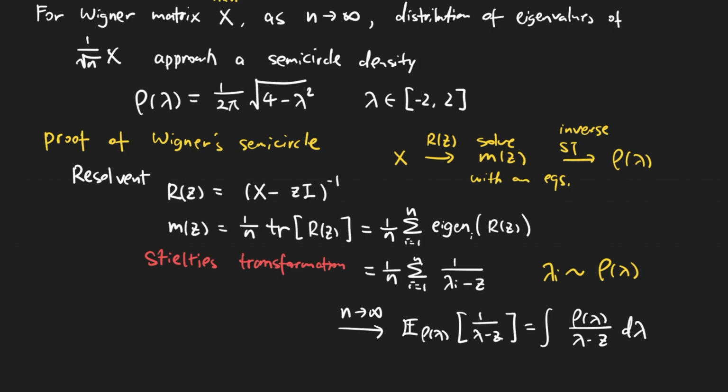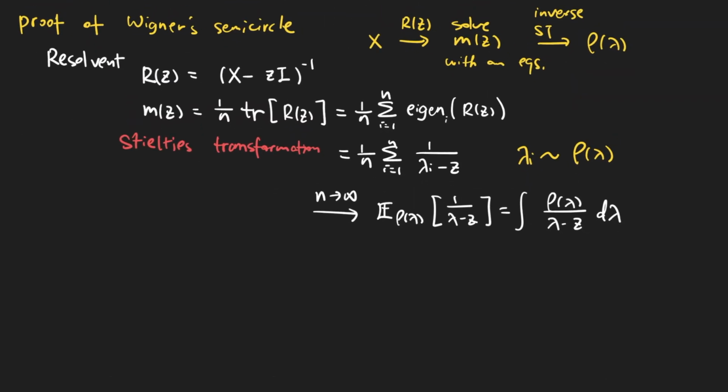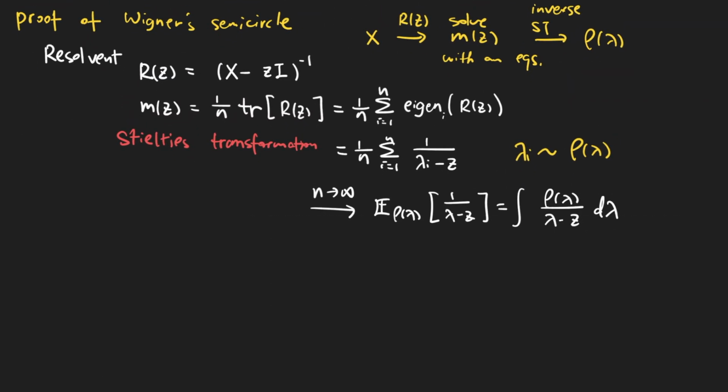Okay, so in order to solve for m of z, let's just spell out the resolvent. Notice that we have an inverse in here, right? So for the resolvent, we have 1 over square root of n x11 minus z, and then 1 over square root of n x12 to 1 over square root of n x1n.